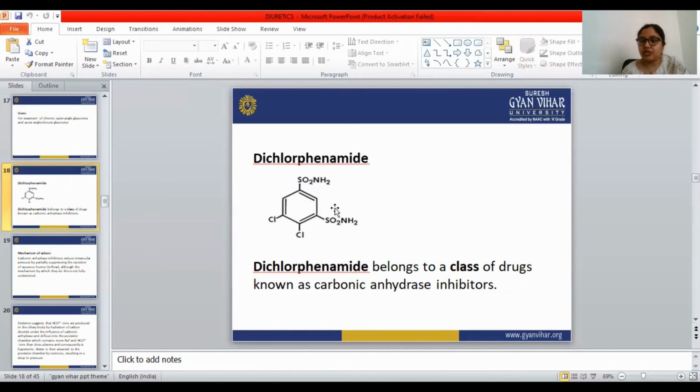This unsubstituted sulfonamide group at the first position is necessary for carbonic anhydrase activity. And at the 4th position, one chloride or bromide group will increase the activity of the drug. So here two chloride groups are at the 4th and 5th positions.